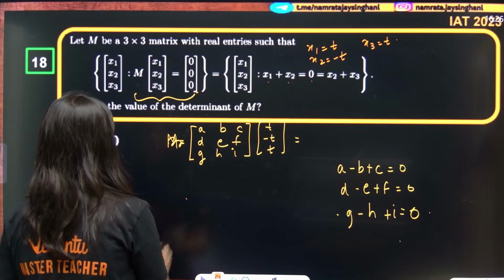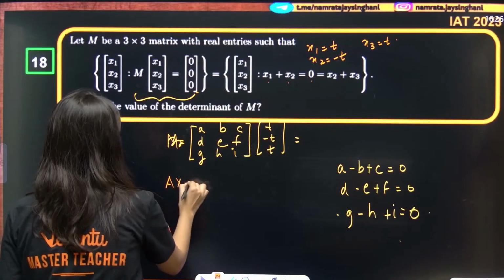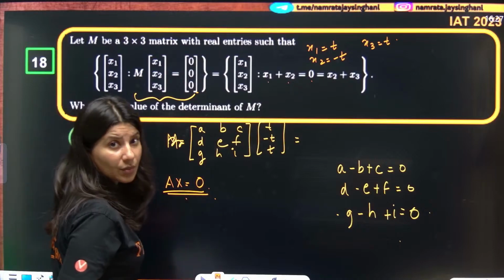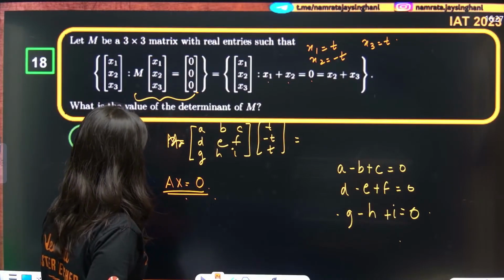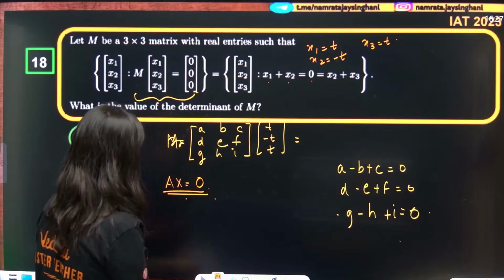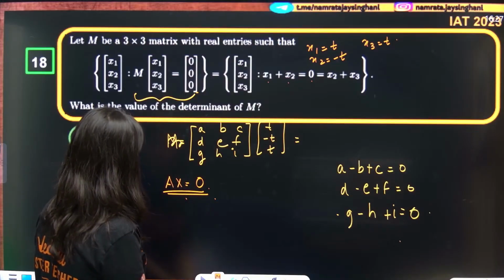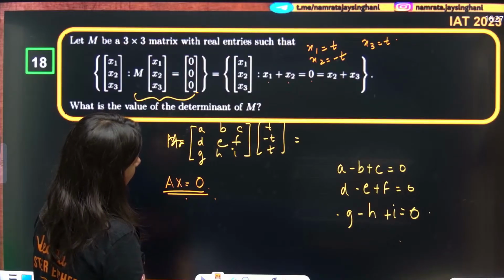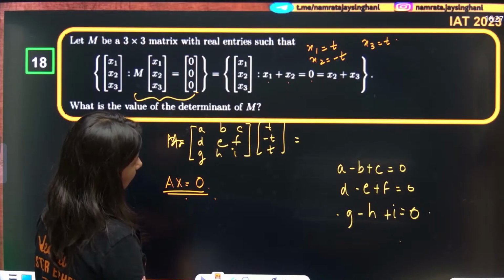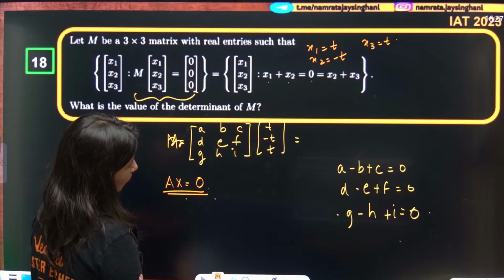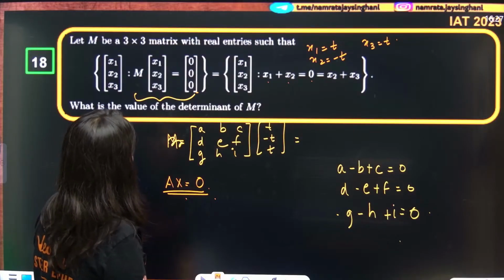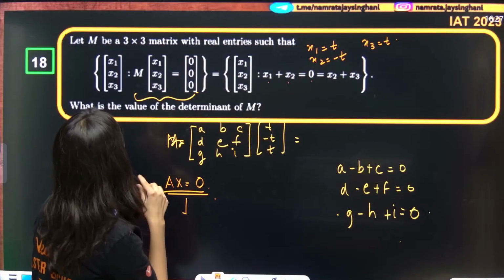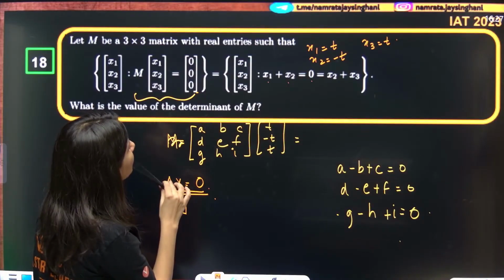So it looks like this is AX is equal to 0. Looks like AX is equal to 0. Yes or no? AX is equal to 0. So X is going to give you, so this is a homogeneous equation, right? So this is going to give you some solution.